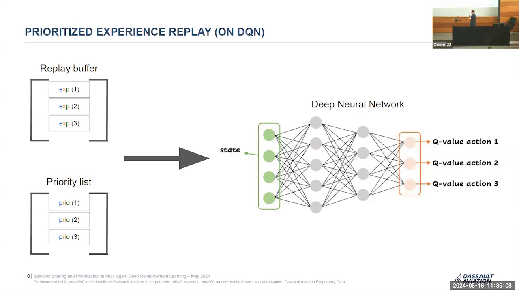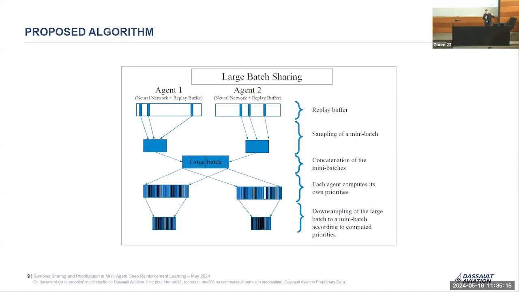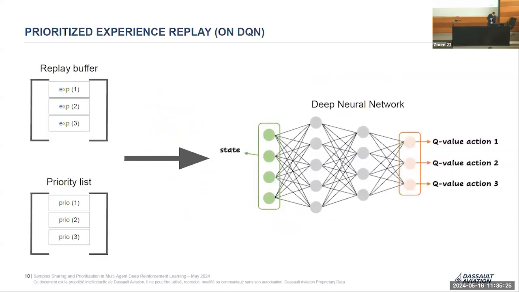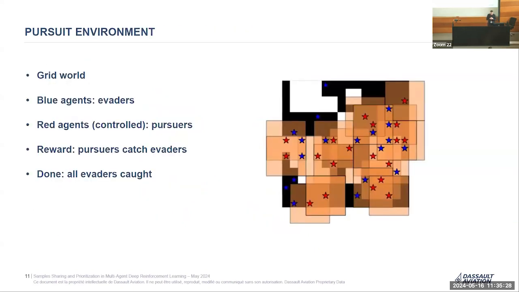And it's fine, and it works. So now going back to our large batch sharing algorithm, the idea is to downsample the large batch to the mini batch thanks to these quantities, so these per sample losses or TD errors. So this is quite a simple algorithm.